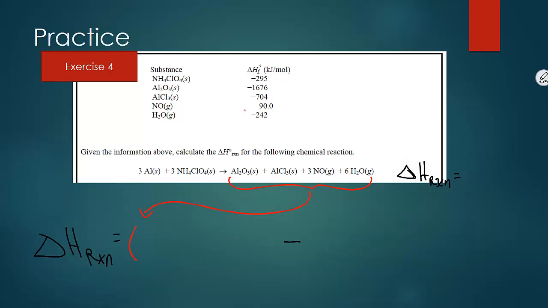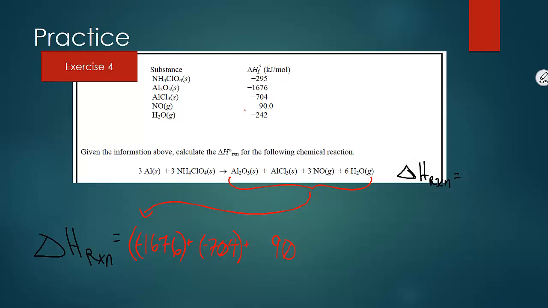We have 1 aluminum oxide with a heat of formation of a negative 1600 kilojoules for each mole. We'll add to that aluminum chloride, which is a negative 704 kilojoules for each mole. And we'll add to that nitric oxide, which is a positive 90 kilojoules for each mole.